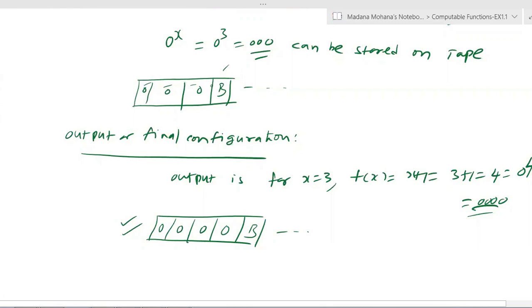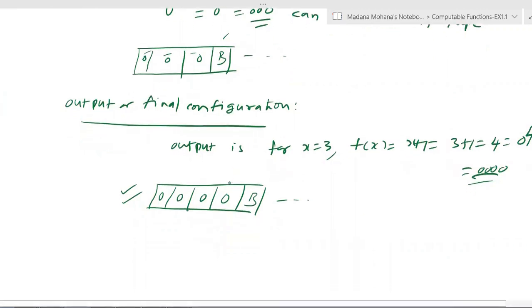Whenever the first blank symbol occurs, you replace it with what is required. We need one extra zero, therefore the first blank is replaced with 0. Then it moves right, then it halts. Then it satisfies the output, that is x plus 1, the successor function, for any value of x. So this machine satisfies if you do like this.